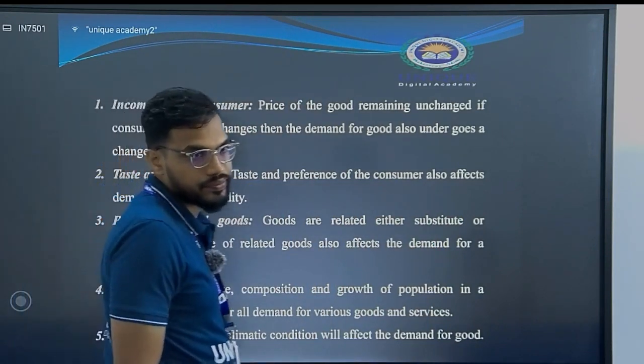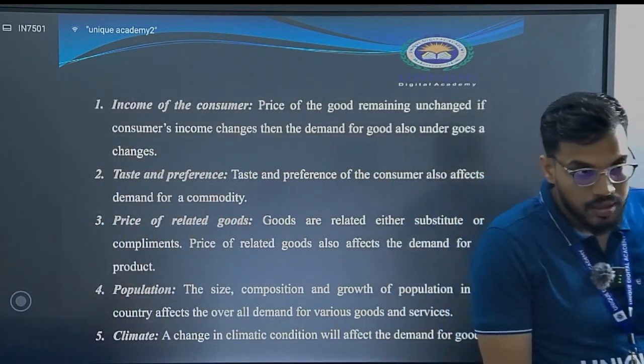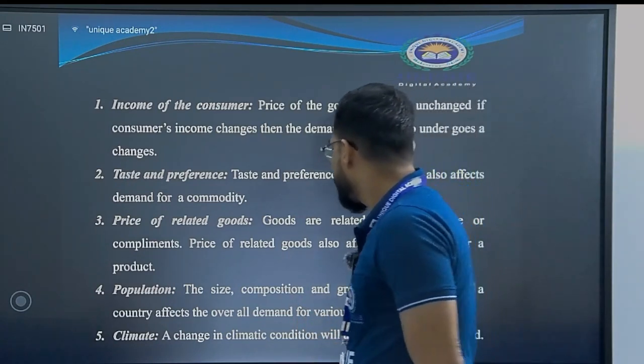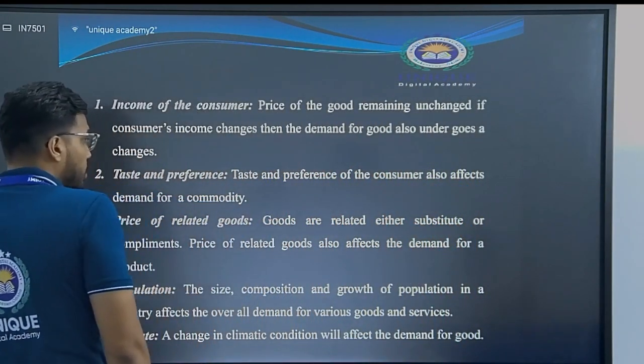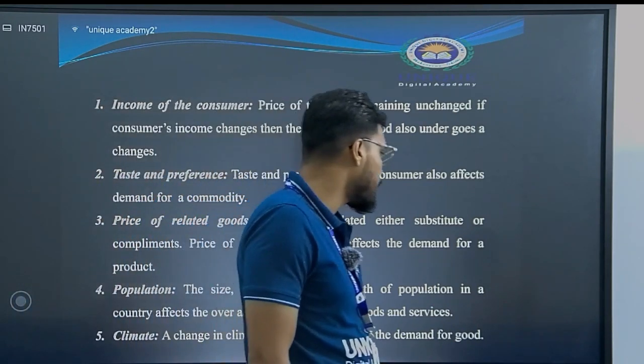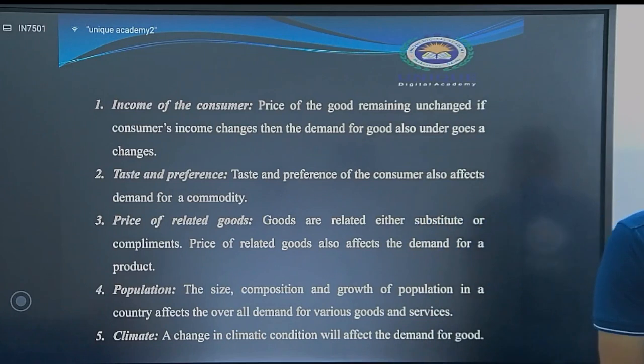Population. The size, composition and growth of a population in a country affects the overall demand for various goods and services. For example, if the number of children increases, then the demand for baby product also increases.